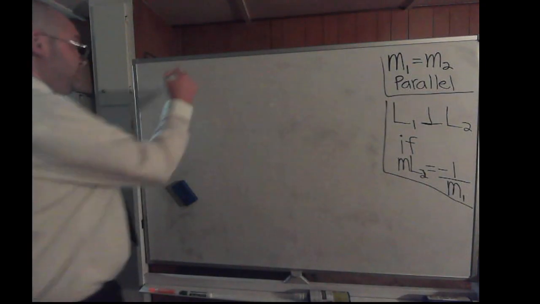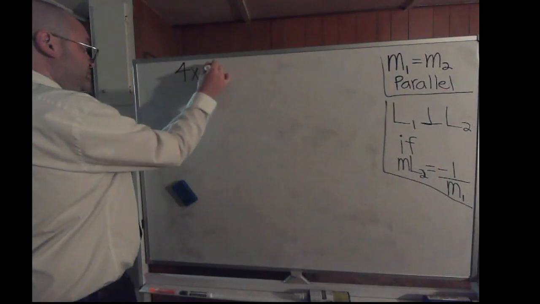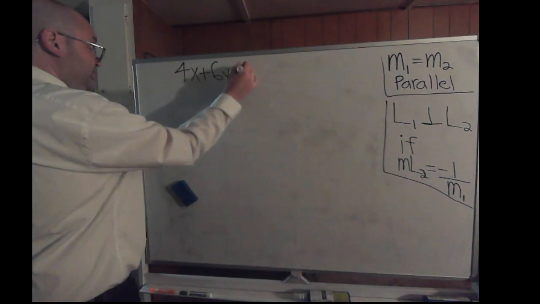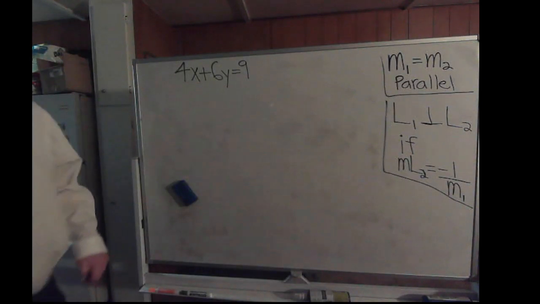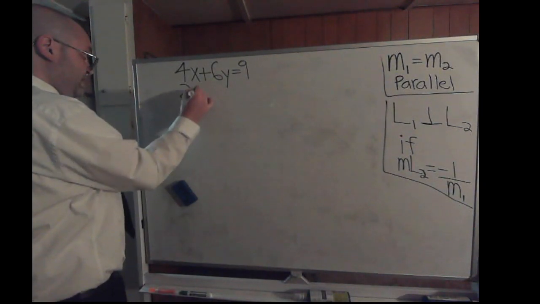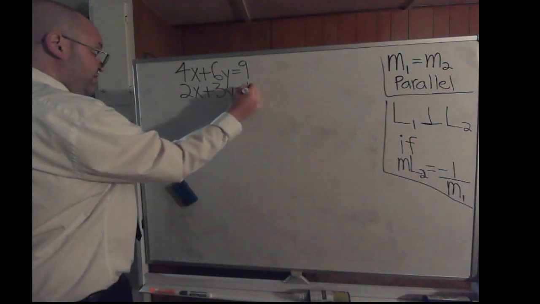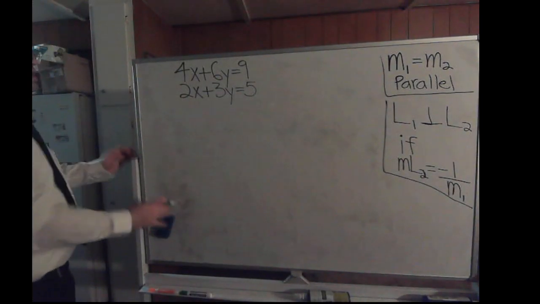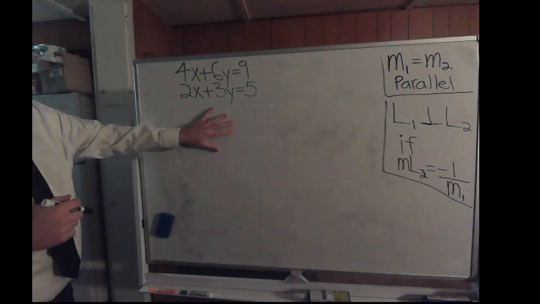Alright, let's see. We have 4x plus 6y equals 9. And 2x plus 3y equals 5.